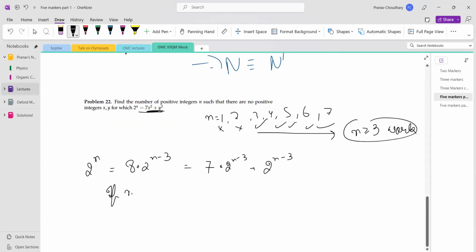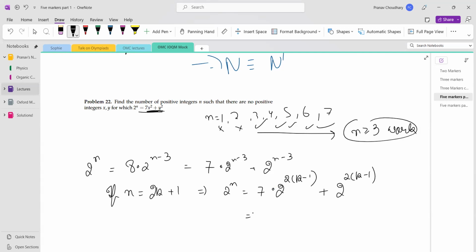Now, if n is odd, let's say n is 2k plus 1, this implies 2 to the power n equals 7 times 2 to the power 2k minus 2 plus 2 to the power 2k minus 2, which equals 7 times (2 to the power k minus 1) squared plus (2 to the power k minus 1) squared, right?